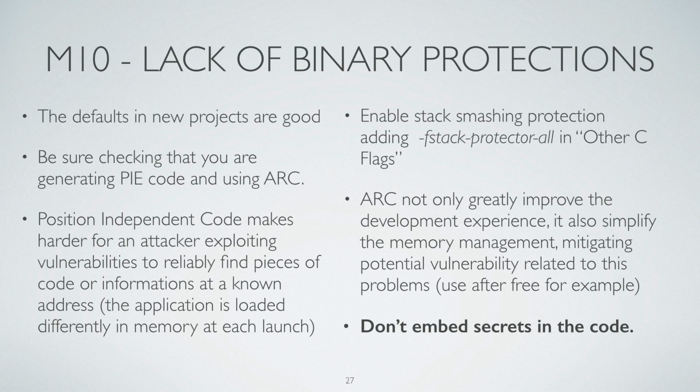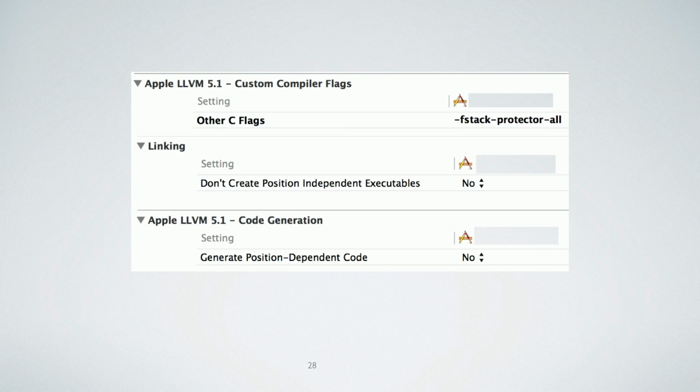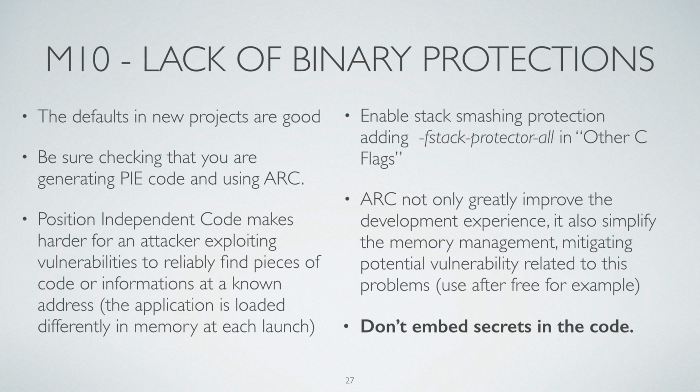The first one is to check that you are generating position-independent executables, and that you have ARC enabled, because position-independent code makes it harder for an attacker to find your code in memory, so it's more difficult to write exploits for your application.